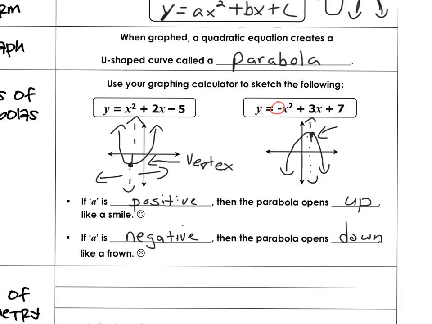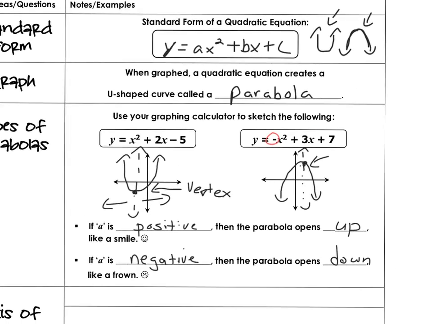You saw that when you put that in your graphing calculator, when A was positive, and by A, I'm talking about this number right here, the number that's in front of x squared. So in this case, what number was in front of x squared? Well, positive 1. When A was positive, our graph was pointed up. When A was negative, our graph was pointing down. Okay.